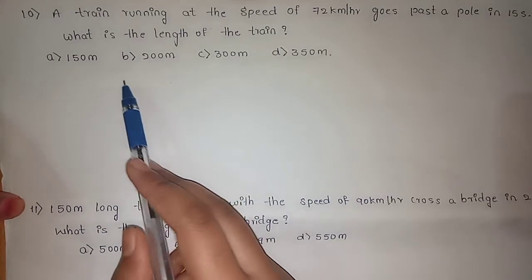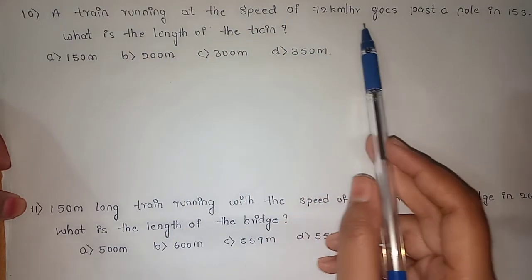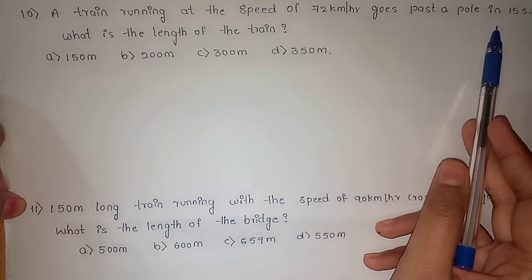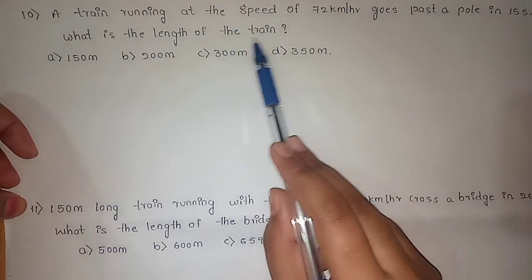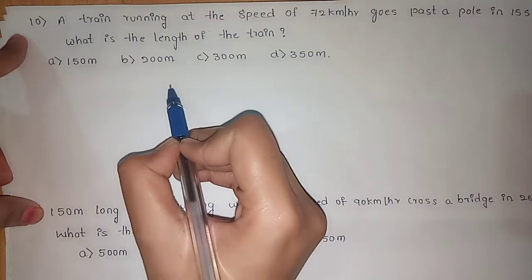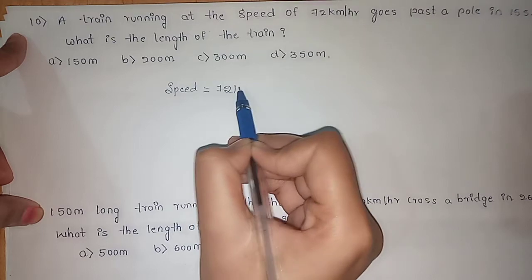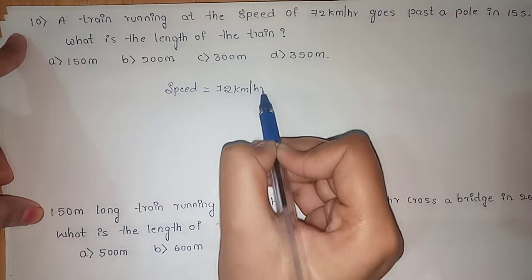Then 10th question. A train running at the speed of 72 kilometer per hour goes past a pole in 15 seconds. What is the length of the train? The speed is given, that is 72 kilometer per hour.